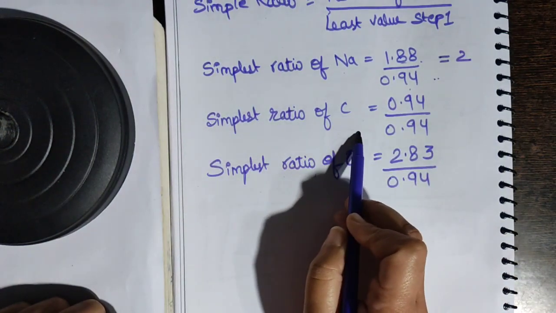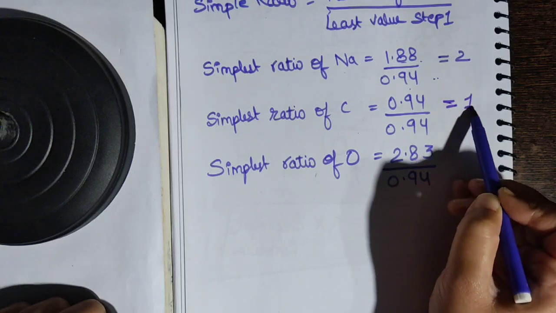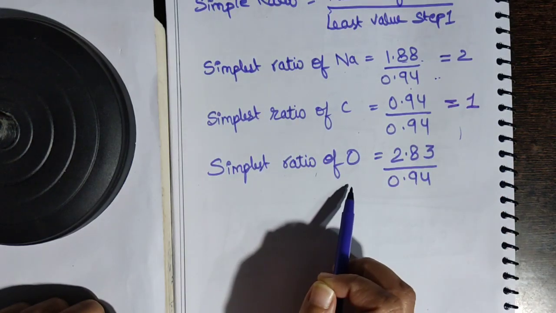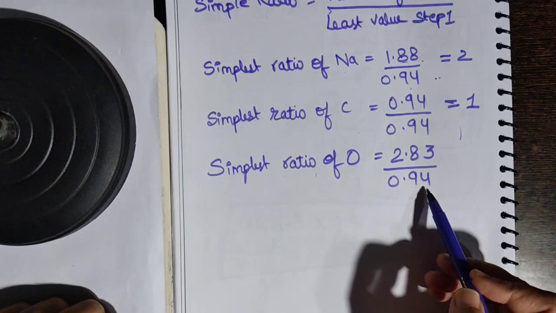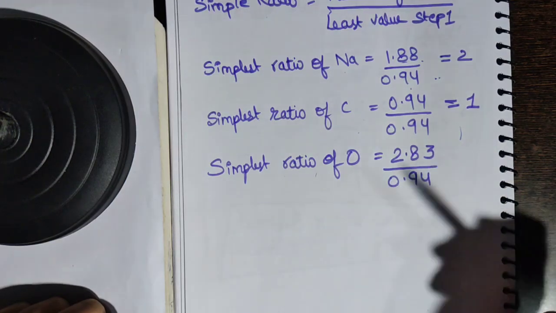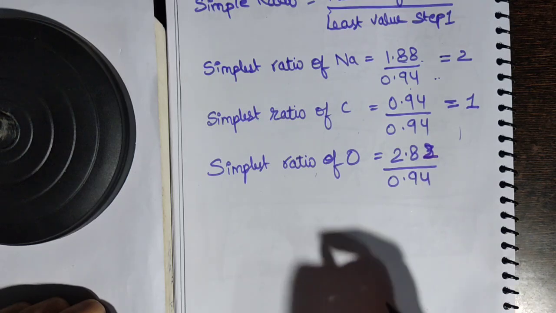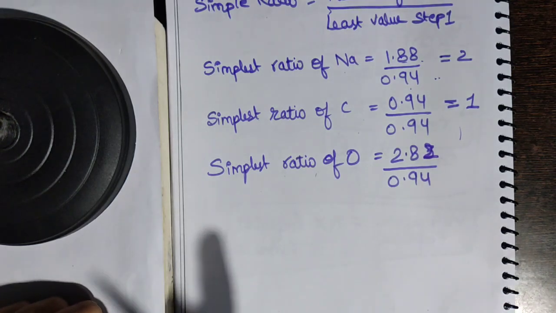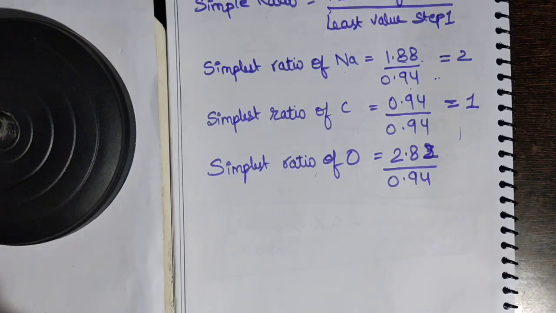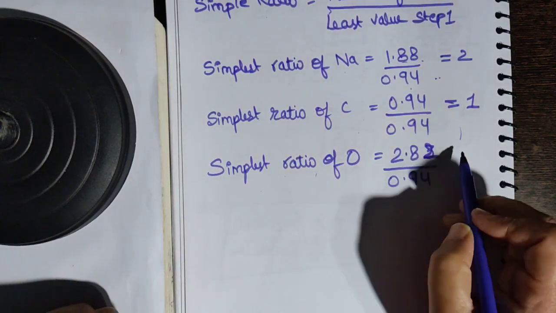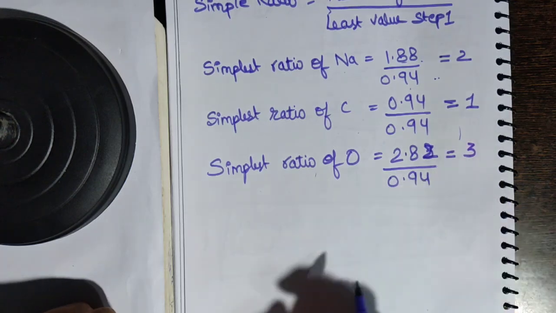The simplest ratio of carbon, 0.94 divided by 0.94, is 1. The simplest ratio of oxygen is 2.83 upon 0.94. Or to simplify our calculation, we can take 2.82 divided by 0.94. A 0.01 value difference will not make any significant difference. So the answer here is 3.